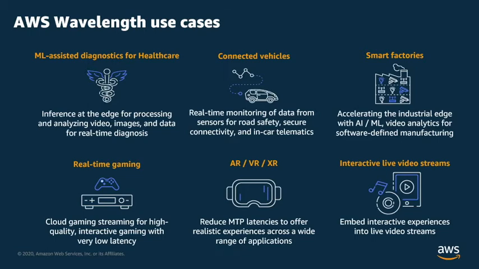In the manufacturing or the smart factories use cases, industrial automation applications use ML inference at the edge to analyze images and videos to detect quality issues on a fast-moving assembly line so that they can trigger instantaneous remedial actions. And with Wavelength, you can enable these applications to be realized without having to use expensive GPU-based servers on the factory floor.